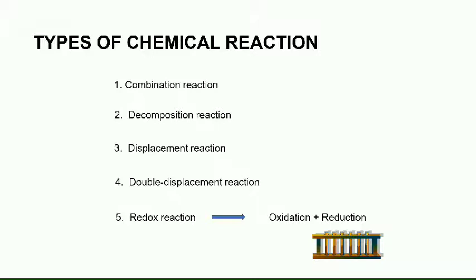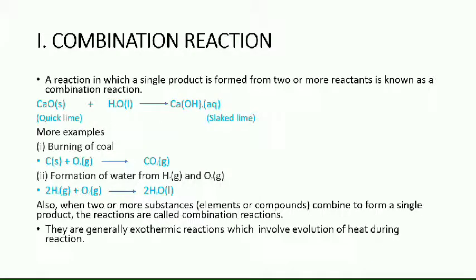First we will go to the combination reaction. A combination reaction is a reaction in which a single product is formed from two or more reactants. Basically it is a very simple type of chemical reaction in which two reactants combine to form a single product.